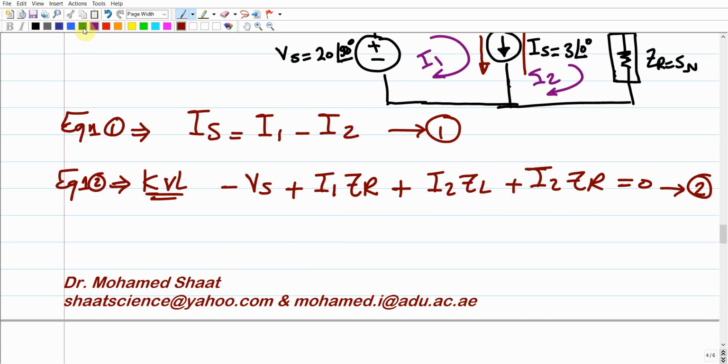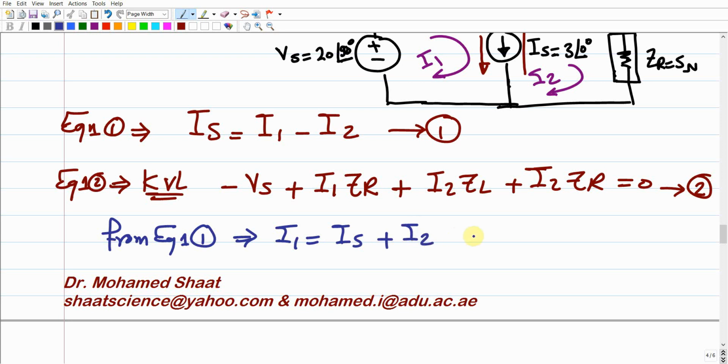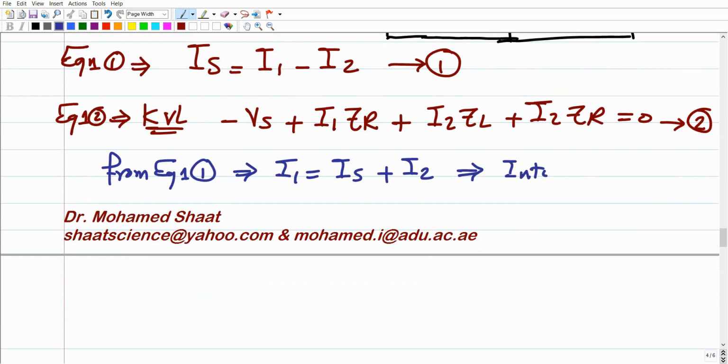So simply we can start from equation 1. We're going to end up with I1, and move I2 to the other side. So this is going to give us IS plus I2, right? Then you can simply plug it into the second equation, equation 2.